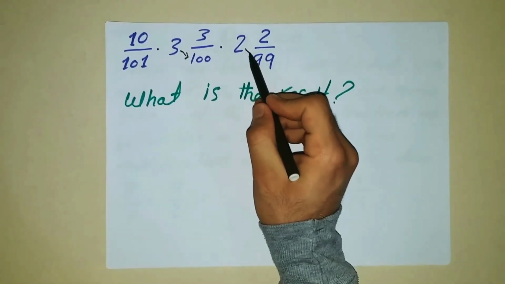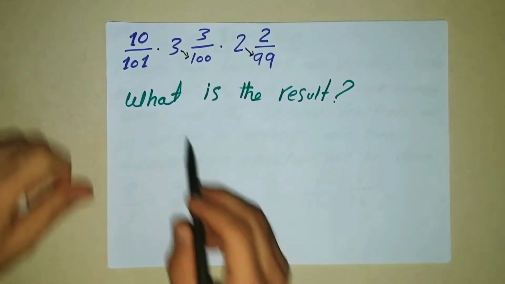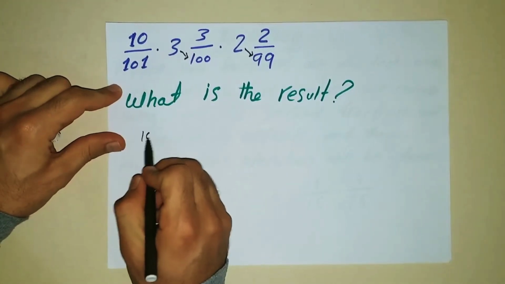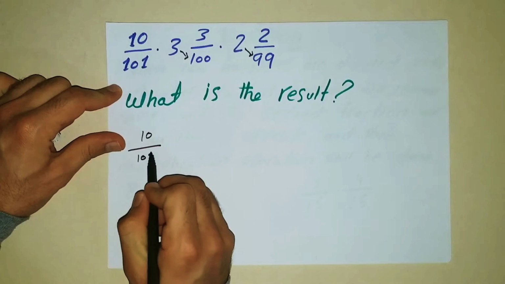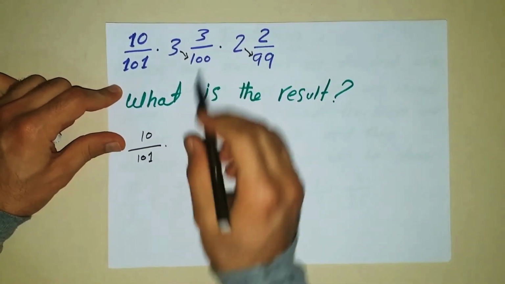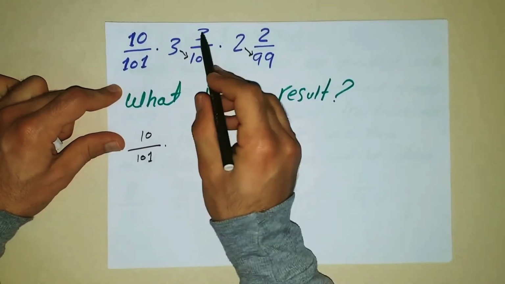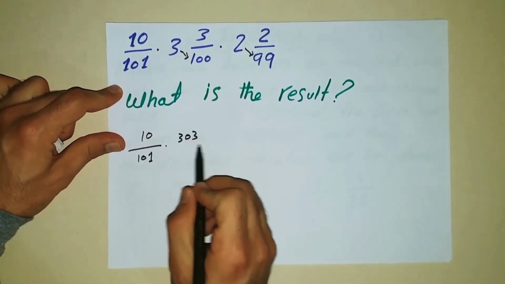So I will multiply with this and I will add 2 with it. First I have to solve this. 100 multiplied by 3 is 300, and plus 3 is 303.